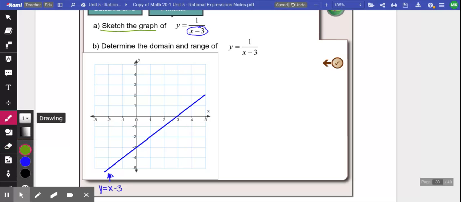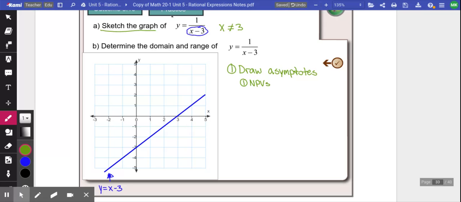The first step is to draw your asymptotes. Asymptotes are lines you cannot cross. The first asymptotes you draw are the ones that are your NPVs. So if you look at this function, the NPV would be x cannot equal 3.